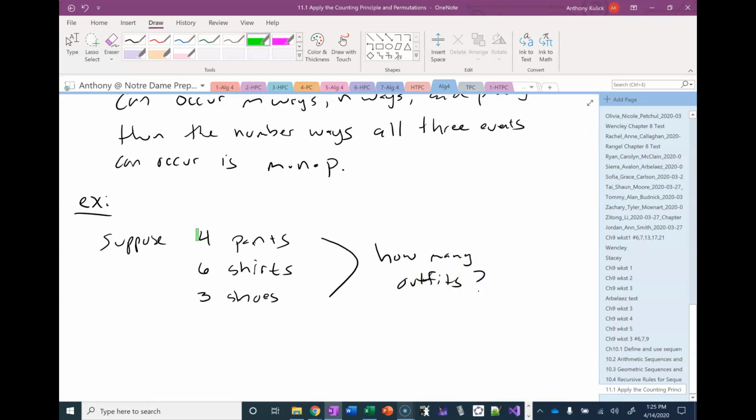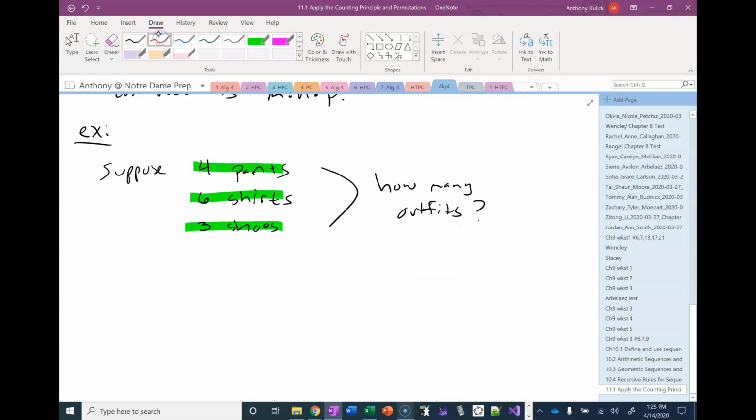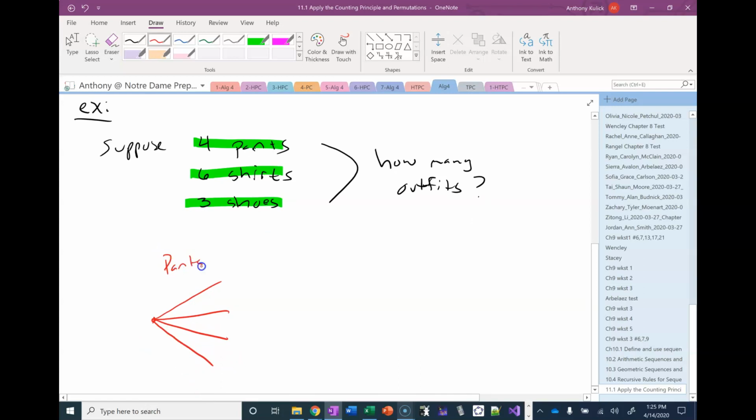Well, we have 3 different choices that we can make along the way. So for example, we have 4 different pants choices. And then for each of these pants choices, we'd have 6 shirt choices. And then for each of these shirt choices, we'd have 3 shoe choices.